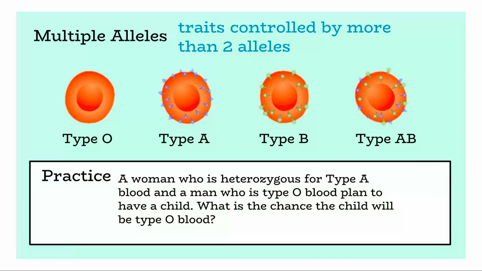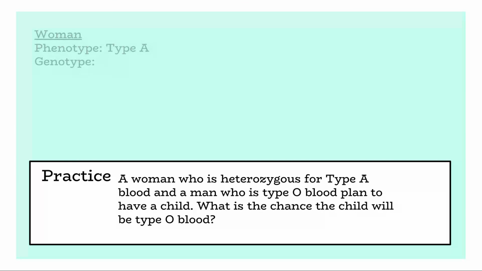If we were looking at a question like this one, it says a woman who is heterozygous for type A blood and a man who is type O blood plan to have a child. What is the chance the child will be type O blood? Well, we just need to figure out the genotypes of the parents. The woman is heterozygous for type A, which means she has to have 2 different alleles, big I, big A, little i.